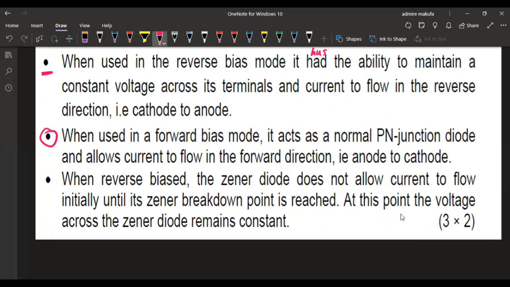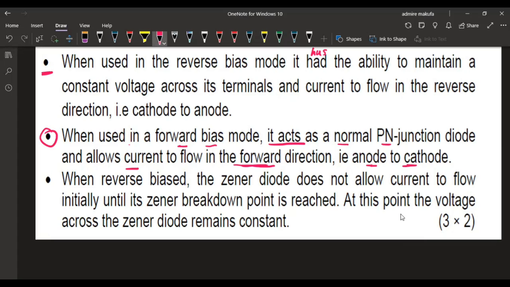Talking of the same Zener diode, when it is used in forward bias mode, it acts as a normal PN junction diode and allows current to flow in the forward direction, that is anode to cathode. Now it's a normal diode when it is like that.